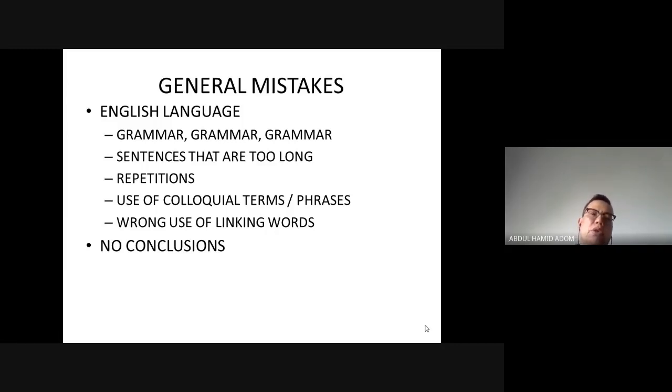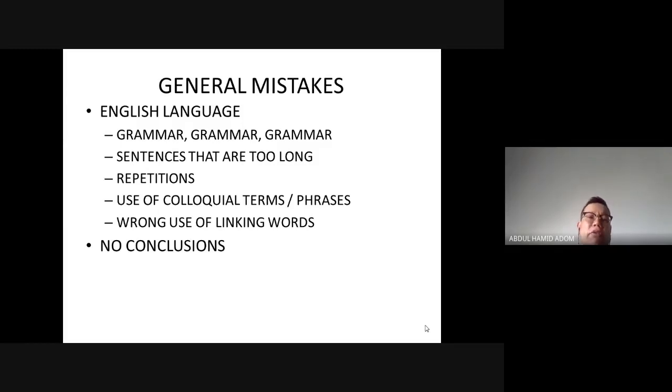The language you need to use for technical writing must be formal. That is why I was saying just now there should not be any pronoun. You cannot say I, me, we. Many students write as though they are talking to a friend. You need to formalize that. You cannot use colloquial terms or phrases.